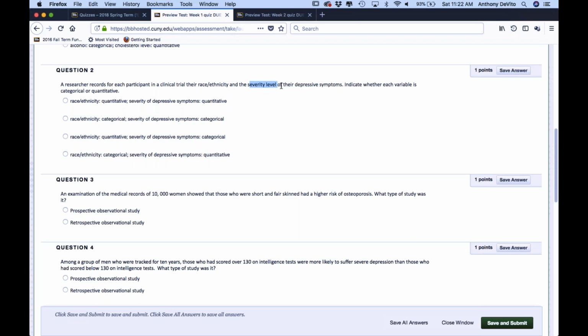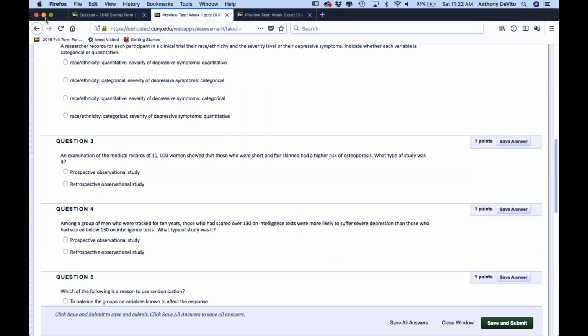So that's going to be either ordinal or numerical, depending on how it's measured. Now, I don't see ordinal in here anywhere. So I'm saying to myself, in that case, it's got to be numerical, right? So what do we have? We have categorical and numerical, or quantitative. They call it quantitative. So we can mess with a lot of words here that mean the same thing, right? Quantitative, scalar, numerical, and so on.